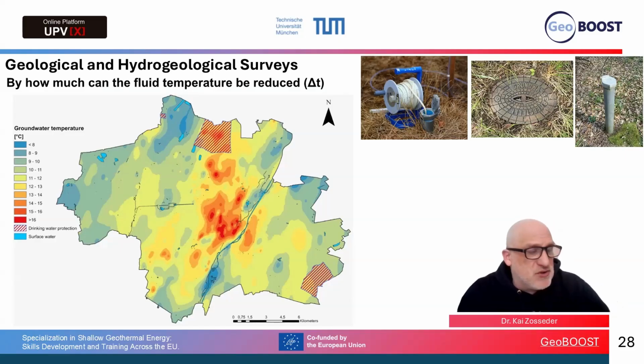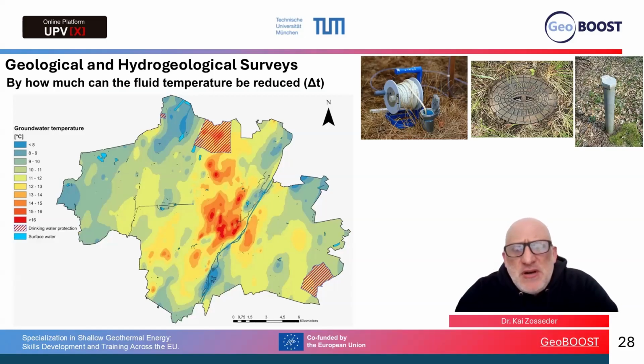This makes it very sensitive to temperature changes. Where we have a higher amount of water and a higher volume, the groundwater temperature stays a lot more stable. It depends, of course, also on the depth to the surface.